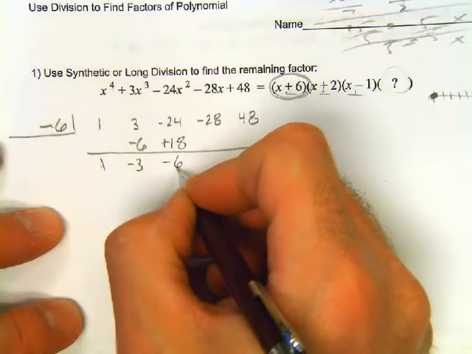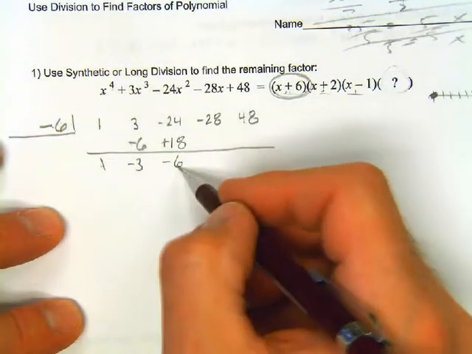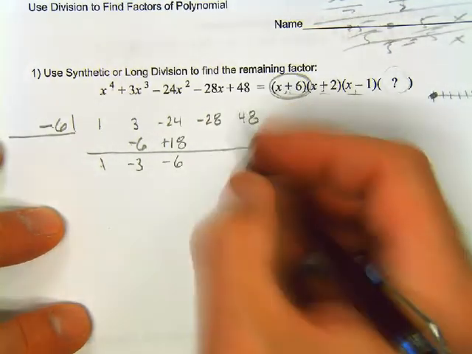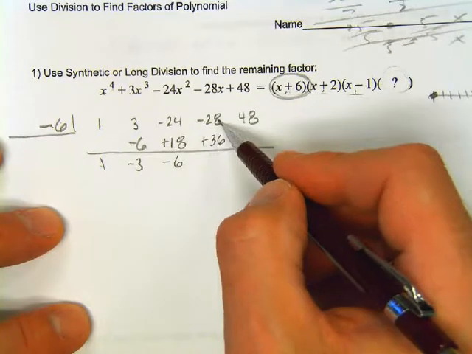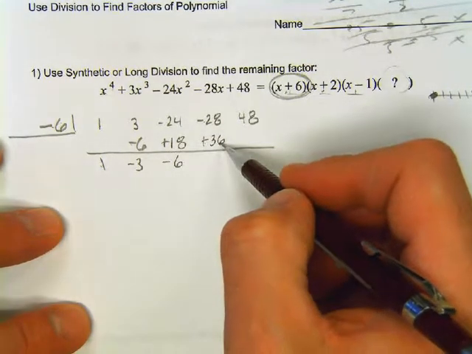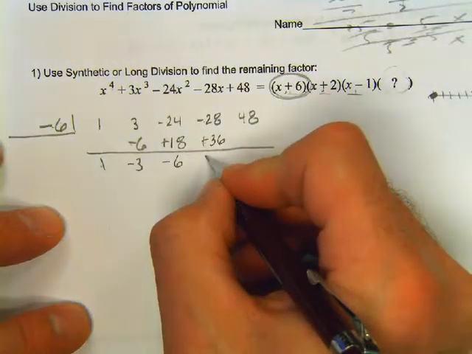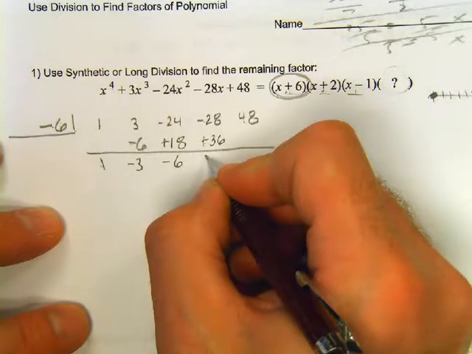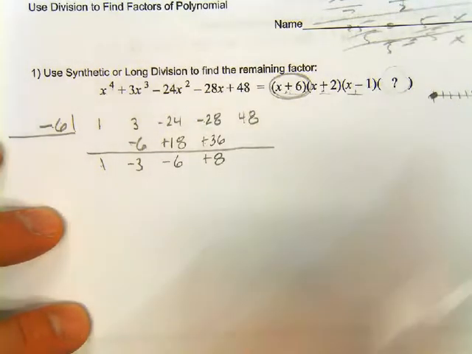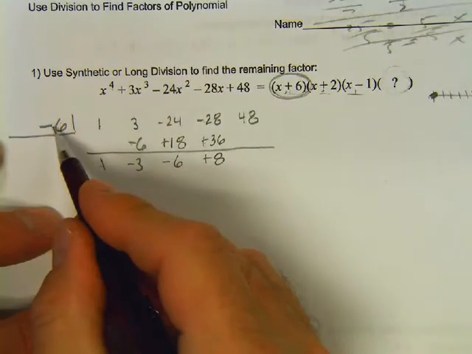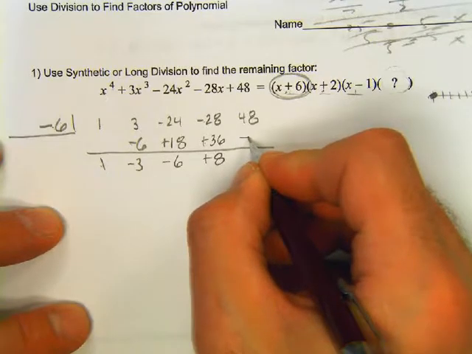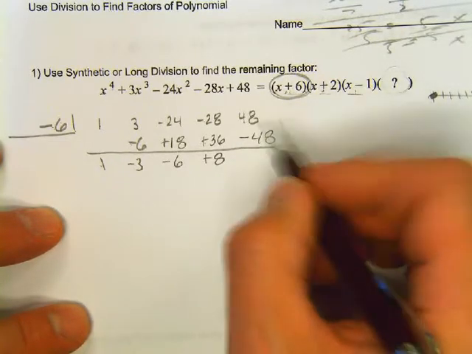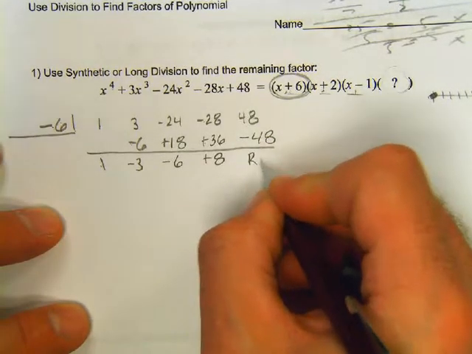Negative 6 times negative 6 is positive 36. Negative 28 plus 36, positive 8. Negative 6 times 8 is negative 48. 48 minus 48 is remainder 0.